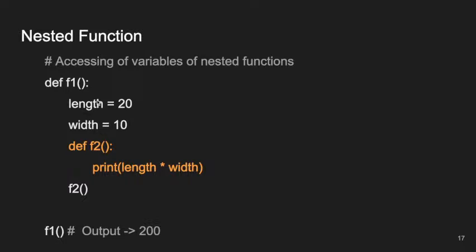That's how you know that this is a nested function. You know that f2 is inside f1. So I hope that is clear for you, Samuel. All right, so I think that is clear.